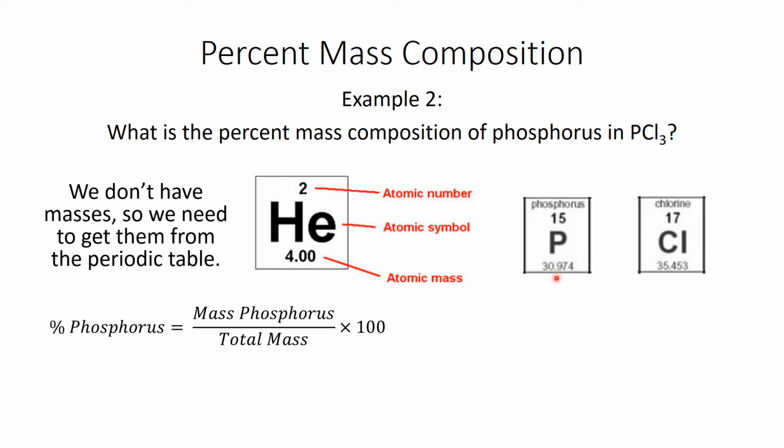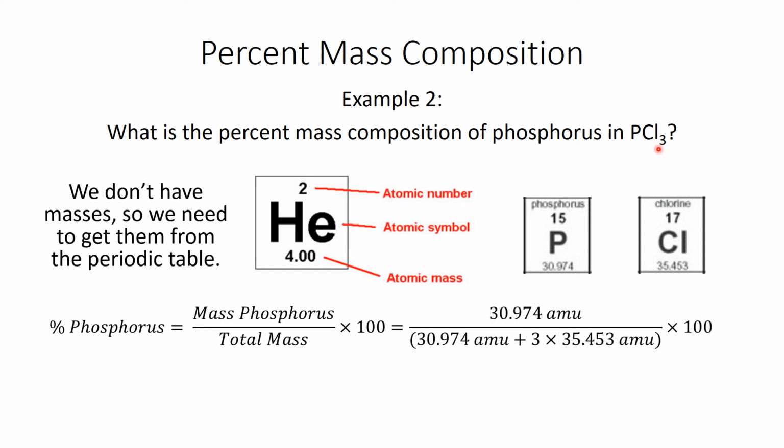And then our total mass is the mass of phosphorus, so 30.974, plus the mass of chlorine that we have in our compound. Now, for here, we have to multiply that 35.453 AMU times 3 because we have 3 atoms of chlorine.